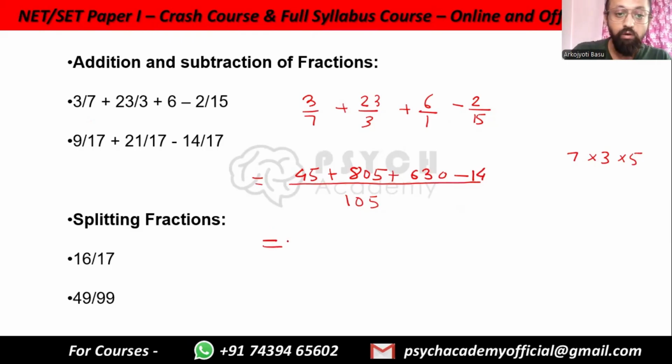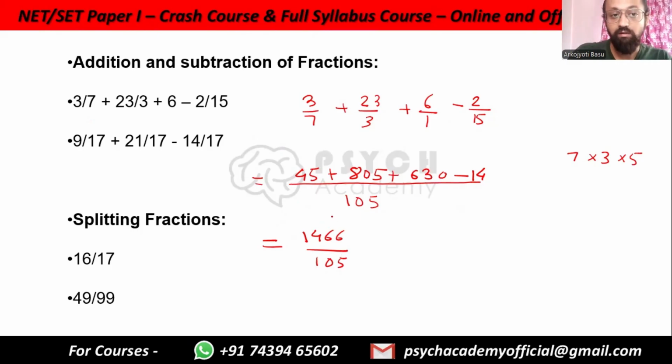So if we solve it, we get 45 plus 805 plus 630 minus 14 is equal to 1466 by 105.